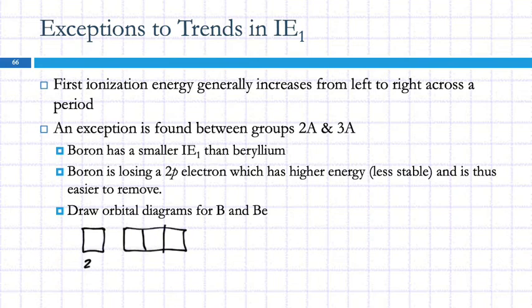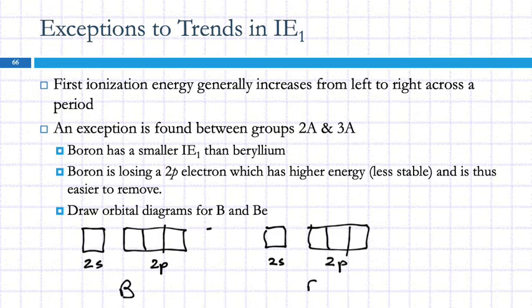So 2s, 2p. This is boron. Let's move over here. 2s, 2p. This is beryllium. How many electrons does boron have? 5.